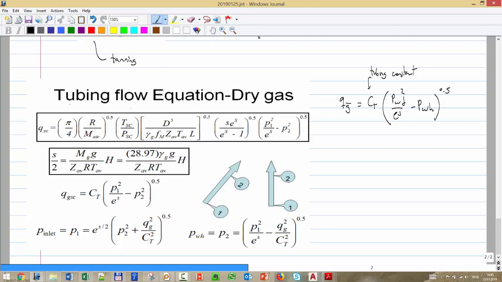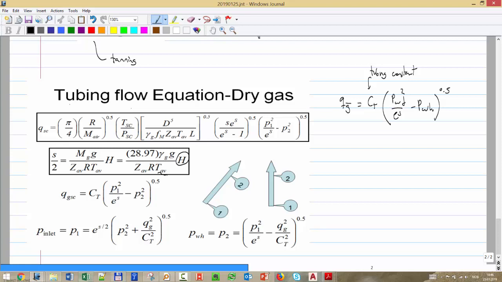And if you see, S depends on H, which is the height difference between the two points. That means the true vertical depth of the formation. I have here this T average that I can say goes from reservoir temperature to wellhead temperature that I can measure.